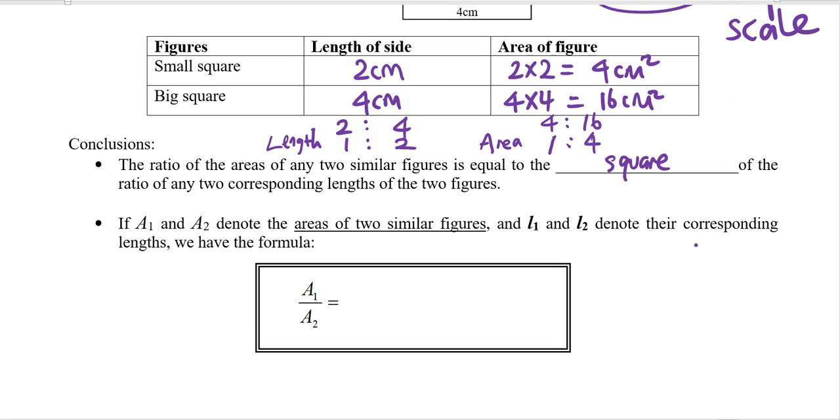If we were to write this first conclusion as a mathematical formula, we can say that area 1 over area 2, if they are similar figures, then we can square the corresponding length ratio to obtain the area ratio.